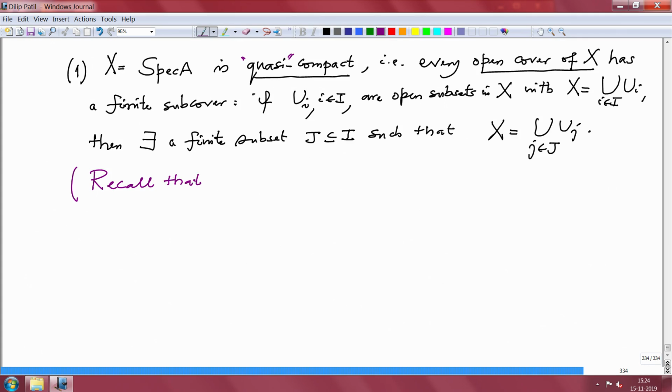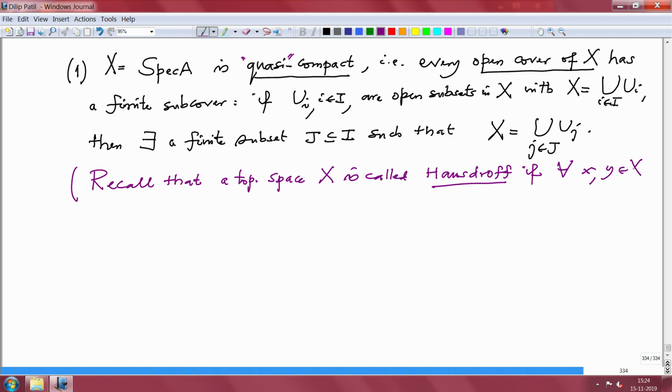Recall that a topological space X is called Hausdorff if for every pair of points x and y in X, x not equal to y, there exist open subsets U and V, with U containing x, y contained in V, with U intersection V empty.